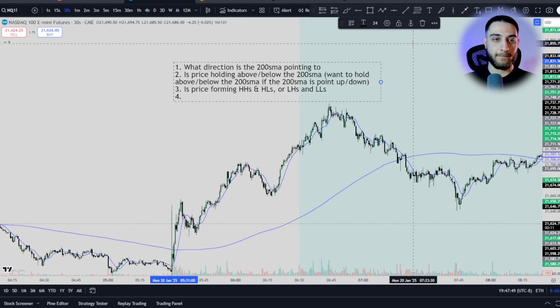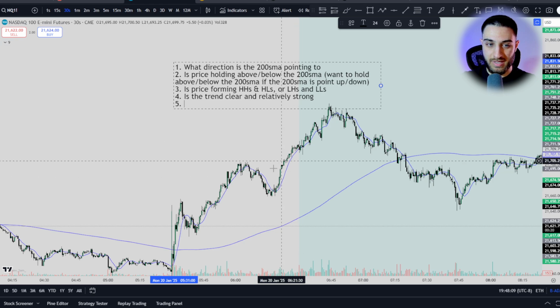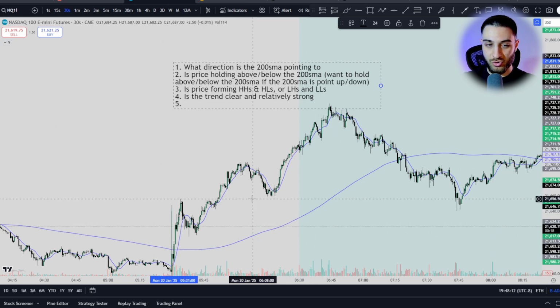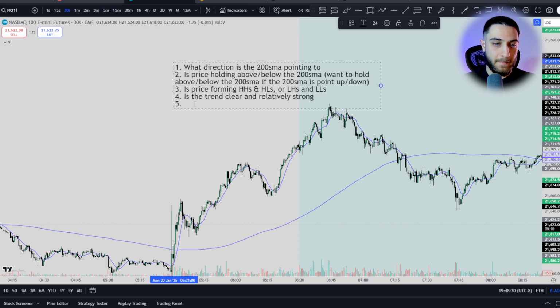Then we want to see, is the trend clear and relatively strong? That's just an extra confirmation. By clear, I mean obvious higher highs and higher lows, and strong is going to relate to the momentum factor.